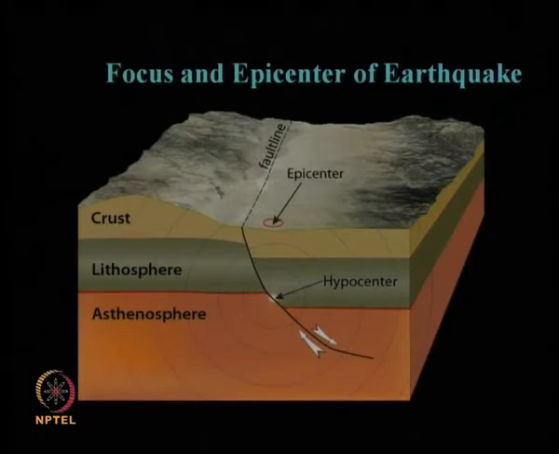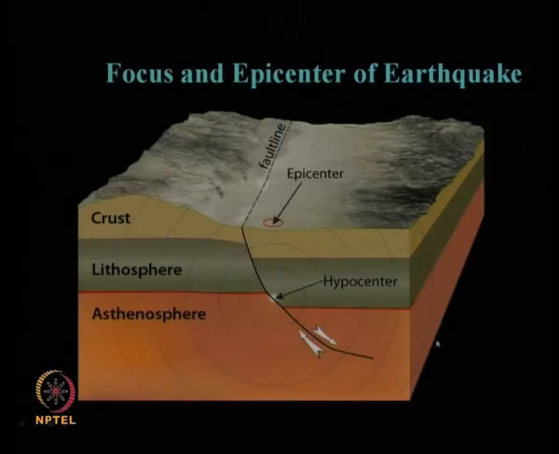It is the point which is nothing but the vertical projection of the energy release point of the earthquake on the ground. From the focus, energy gets released and seismic waves travel in all directions, and if you project it vertically, that will give you the epicenter.